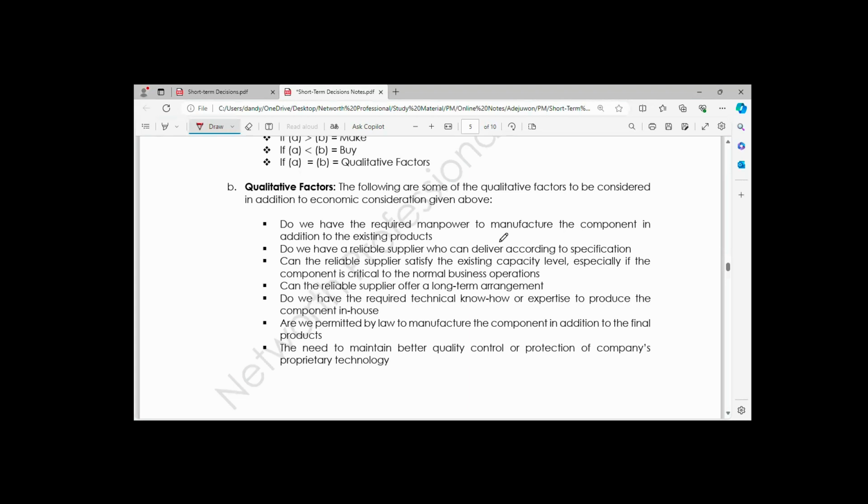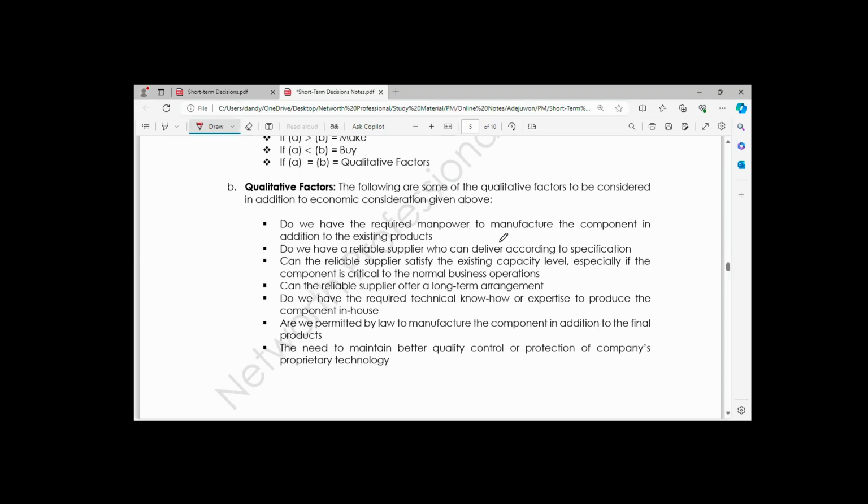Then two, the company also needs to ask itself whether it's permitted by law to manufacture the components in addition to the final products, because not all products are permitted in any country or in any state.